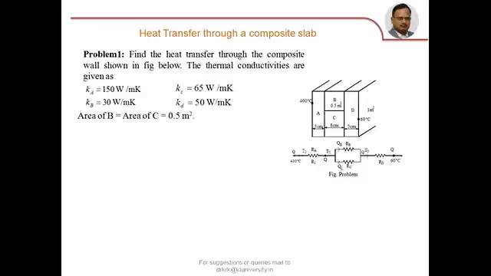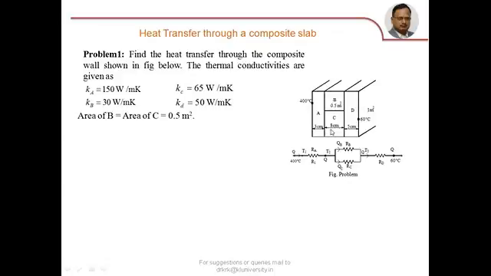Now let us see one example. Imagine, yes, material is given like this. You are asked to determine the heat transfer through the composite wall having 4 different materials, A, B, C, D. Thickness of A is 3 centimeters.